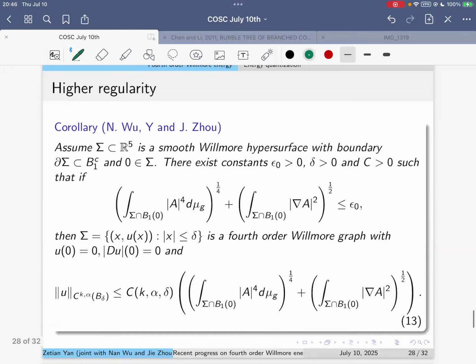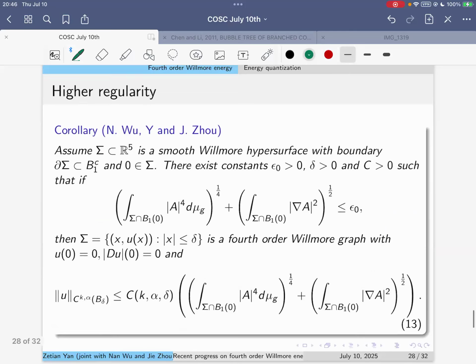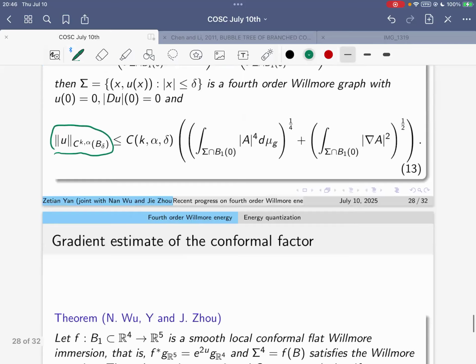Of course, as long as we can obtain this, we can use the Euler-Lagrange equation to control all of the higher order derivatives.